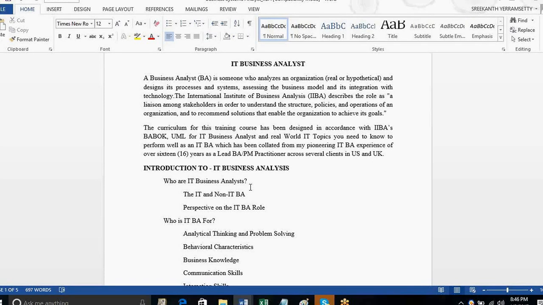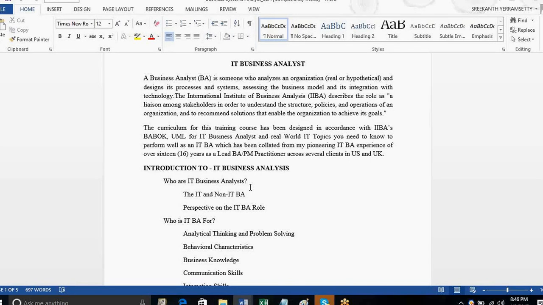So that's what a general business analyst is, who is primarily associated with a finance domain, or a normal business context, as a subject matter expert or somebody like that.